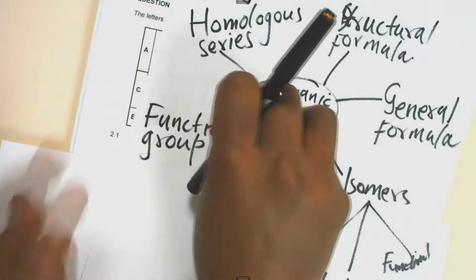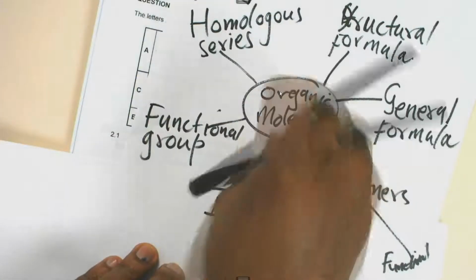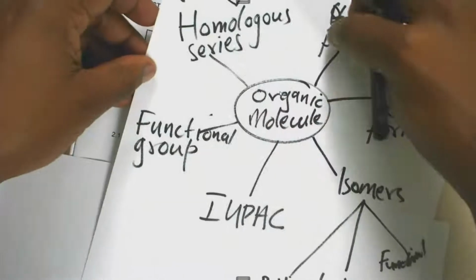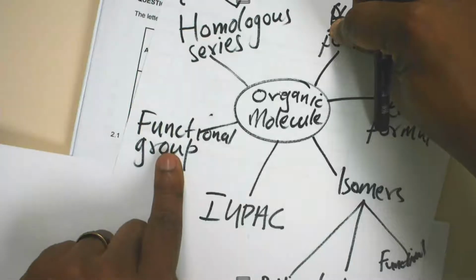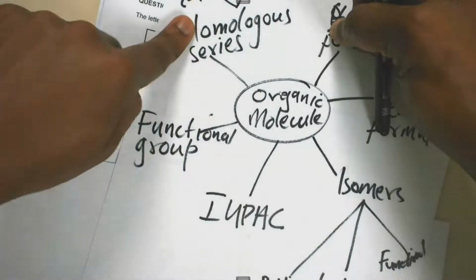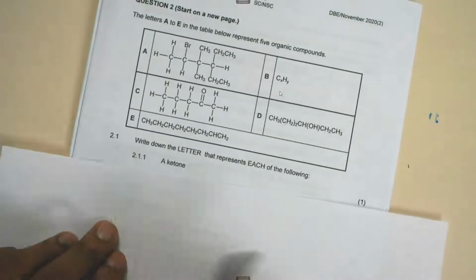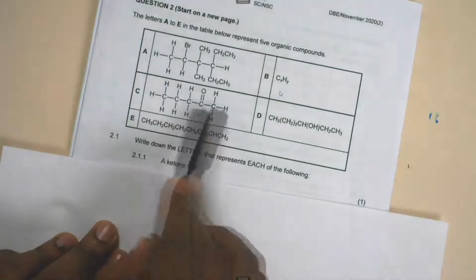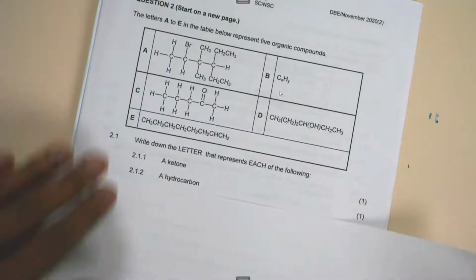Can you see now the link between all this that is given? So if I am given the structural formula, it means from the functional group and the homologous series, I should be able to identify my ketone. And from this functional group, I can easily see that the correct answer there should be C.